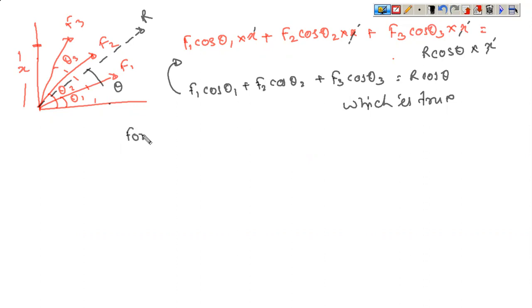Now for a system in equilibrium, what happens? R is 0.